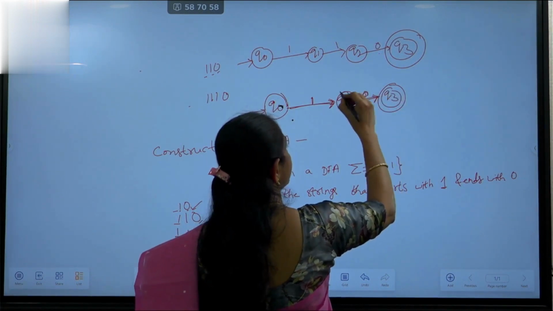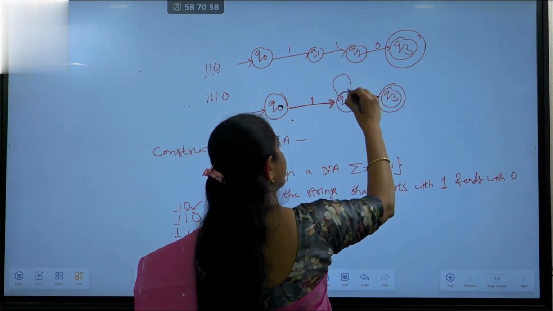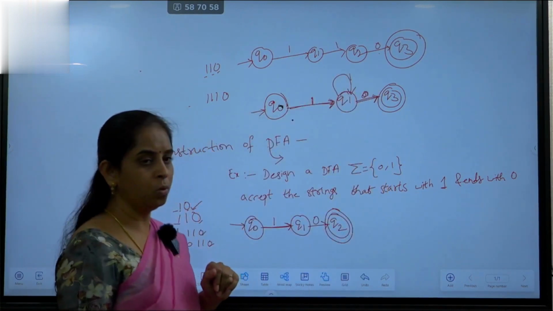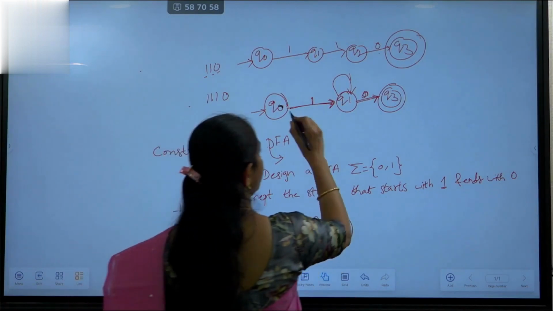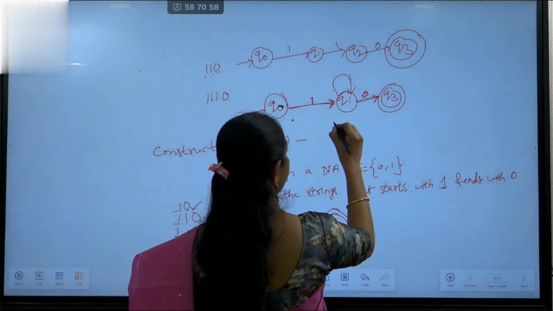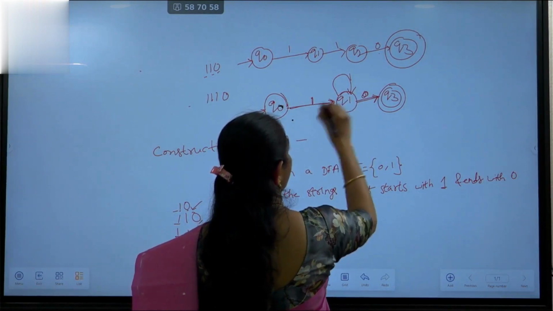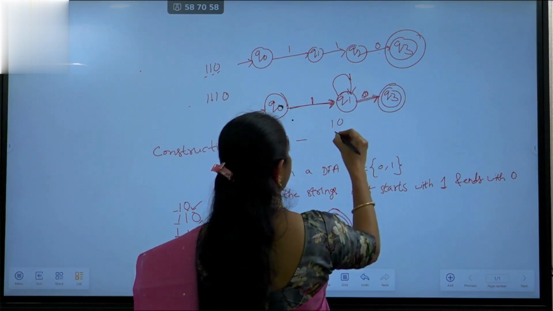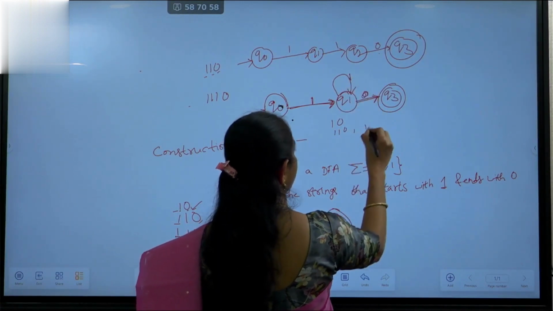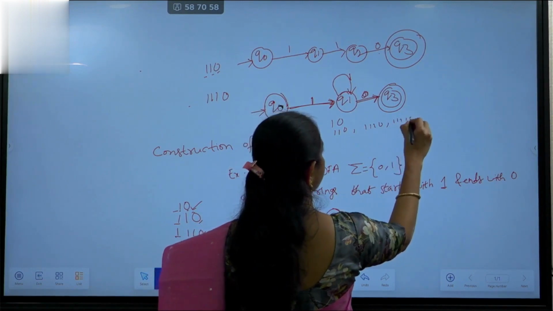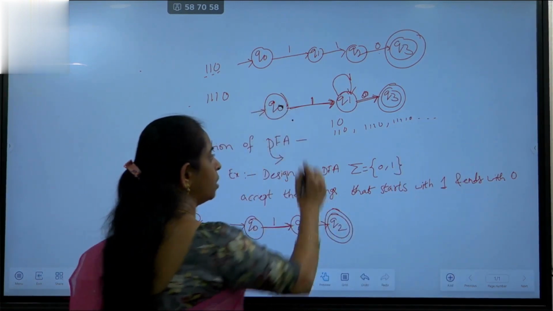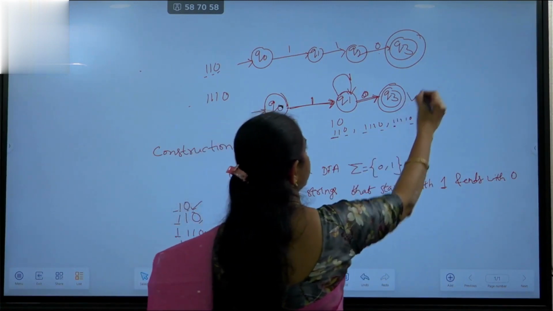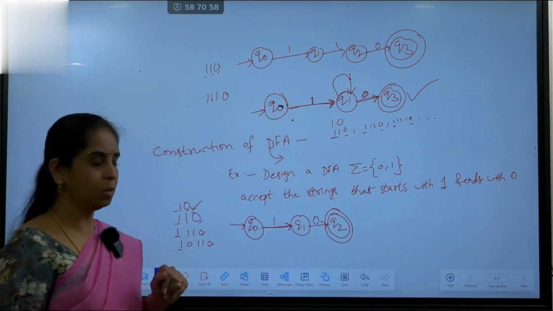We have one more possibility: a transition on Q1 itself. Based on this DFA we can write the strings 1 0, 1 1 0, 1 1 1 0, and so on. That means it accepts all the strings that start with 1 and end with 0. Like that we construct the DFA based on the given question.